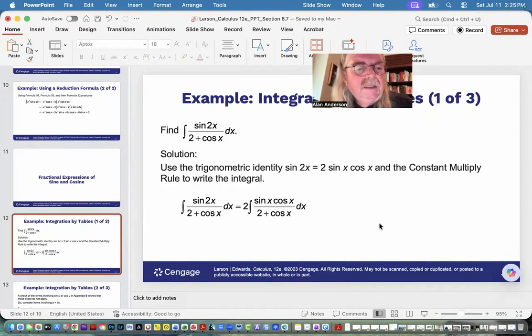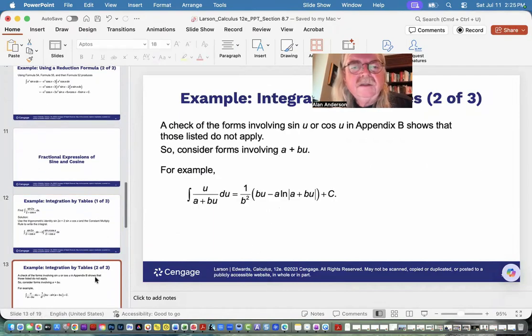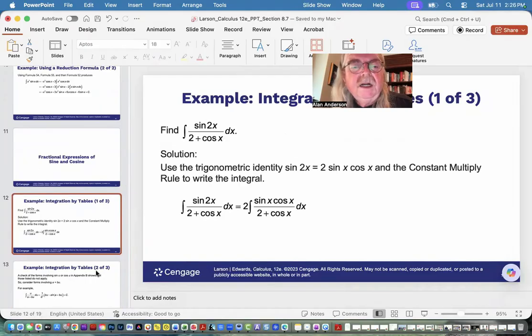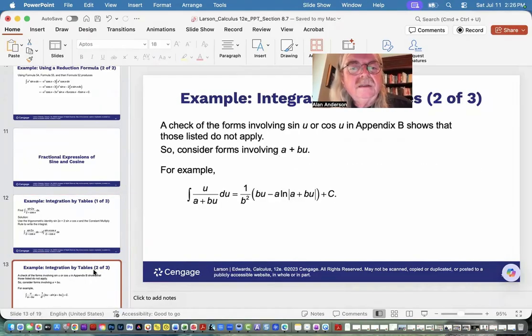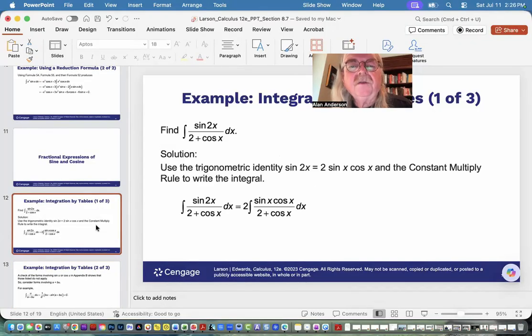Oh, huh, that's strange. That's the end of it. Oh, wait a minute. No, they're saying that we need another rule.